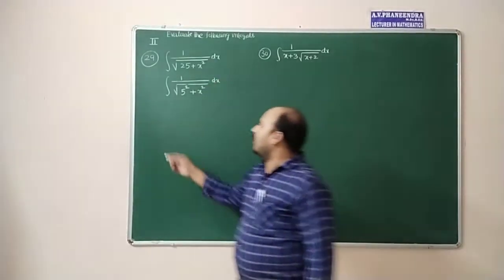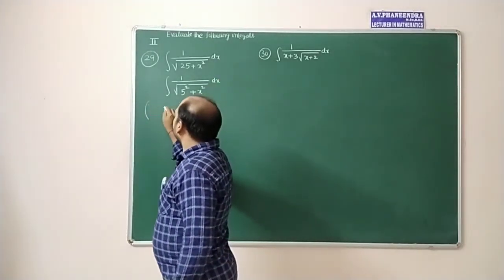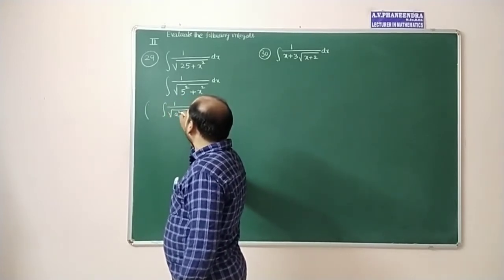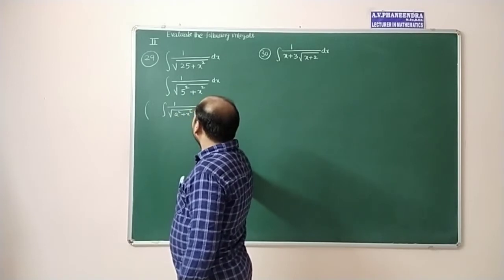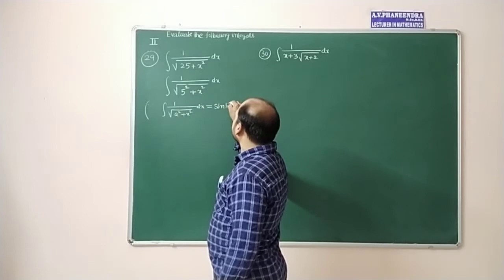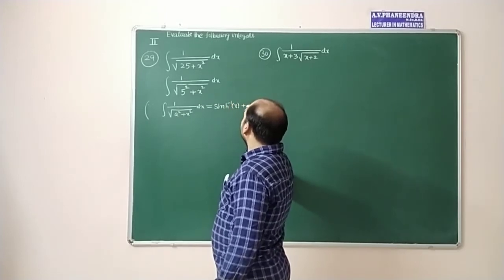It is in the form of integral 1 by root of a square plus x square into dx is equal to sine h inverse x by a plus c.